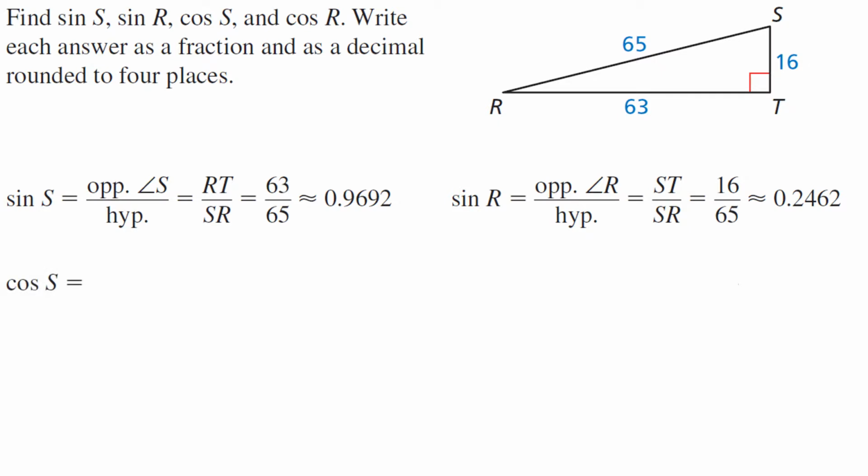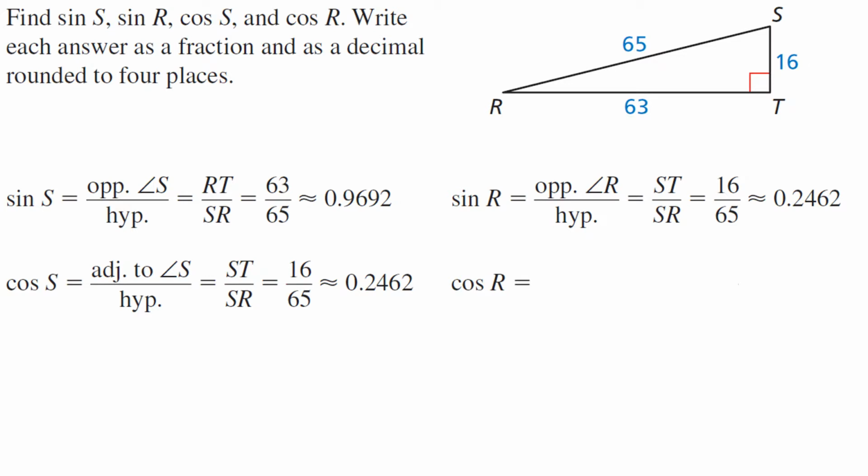Cosine of angle S. Cosine is always adjacent compared to hypotenuse. So if I'm at angle S, the adjacent leg is 16. Hypotenuse, of course, has to be 65. That will never change. Using a calculator, I can convert to a decimal equivalent.